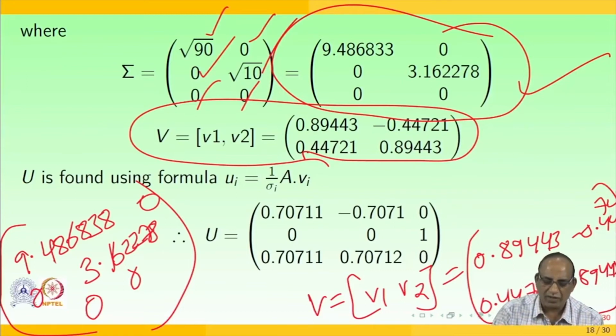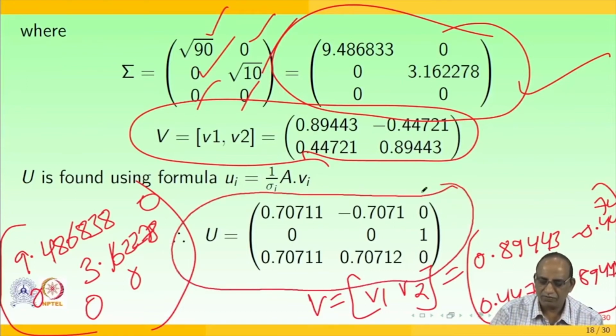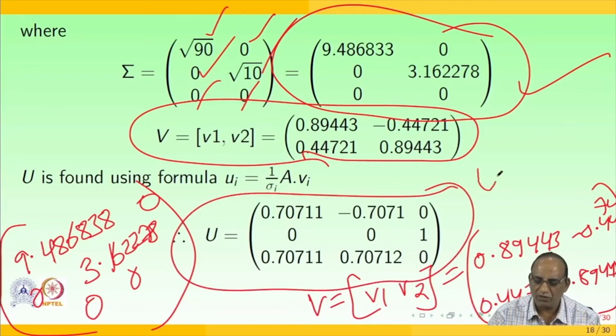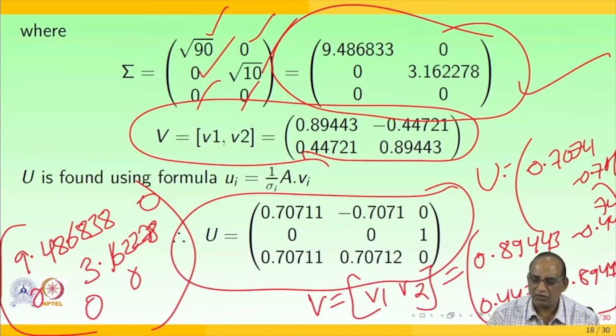So you get a matrix using this form, and U is equal to 0.70711, minus 0.70710, second row is 0, 0, 1, third row is 0.70711, 0.70712, and 0.